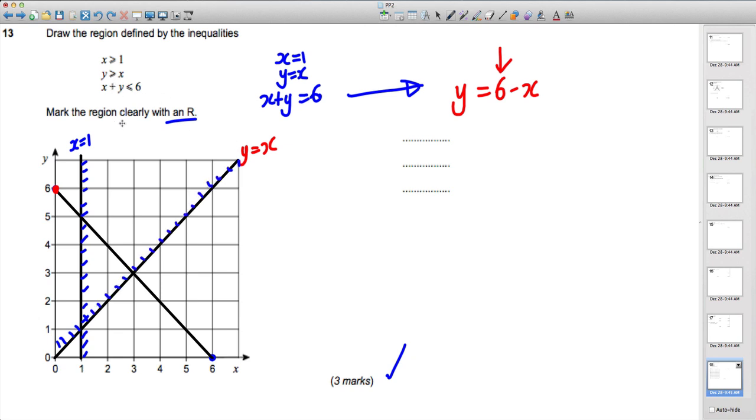And x plus y is less than 6. Here x plus y equals 6, so less than 6 must be below the line, i.e. here. Where do all the inequalities hold at the same time? They hold inside this triangle here. And that is your region for your 3 marks.